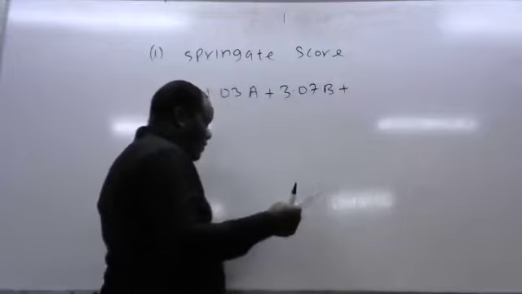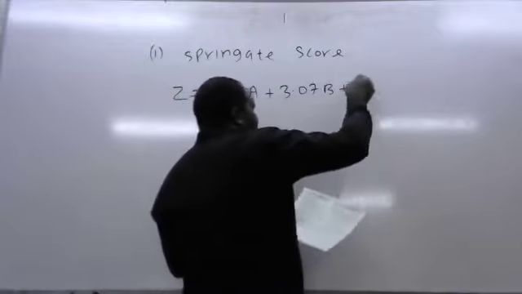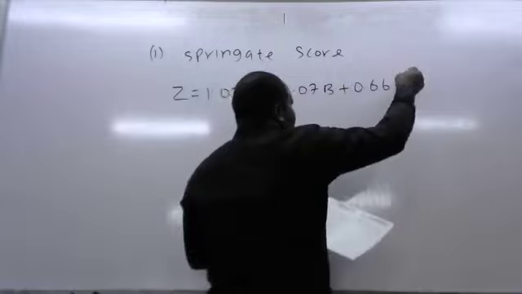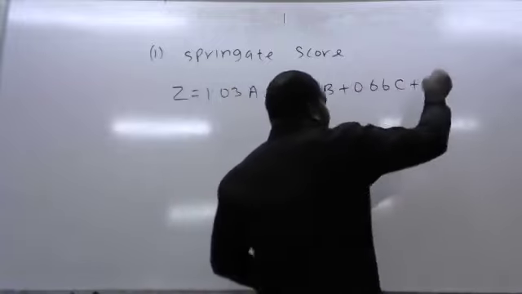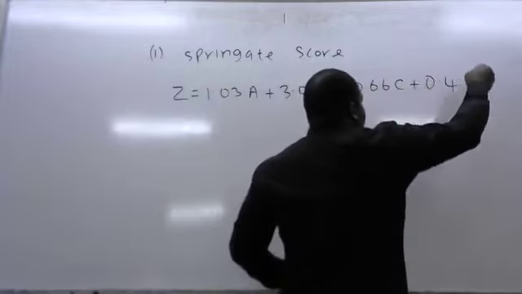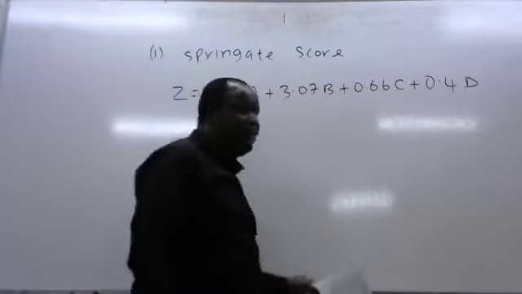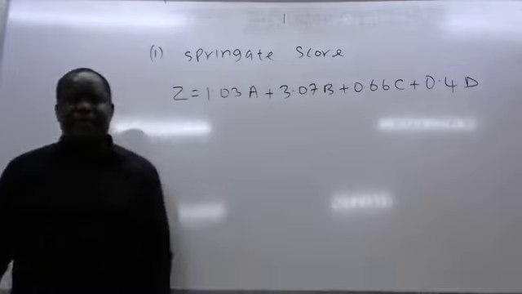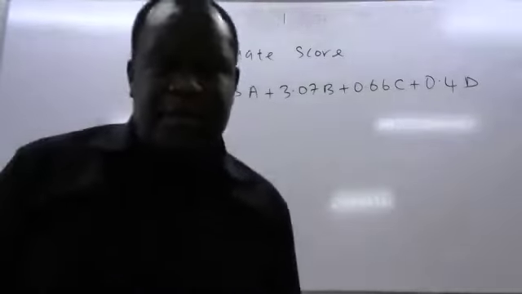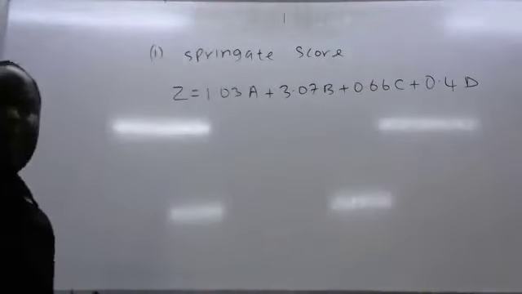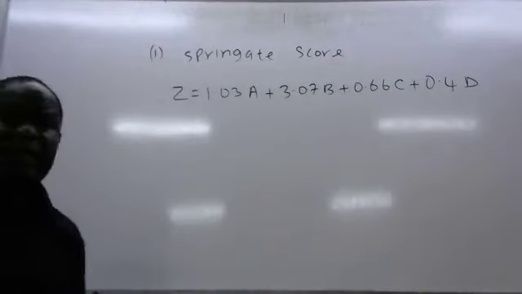Then we also add 0.66C. We also add 0.4D, like that. So that's now our Springate model. That is the model which is there in the handout.